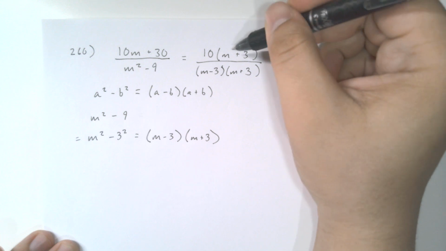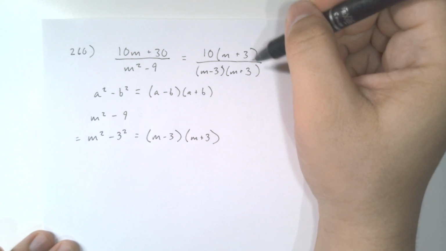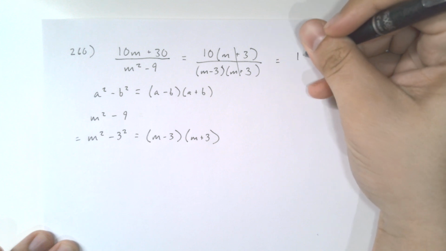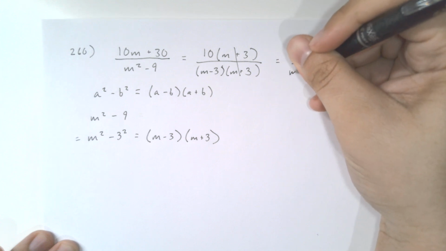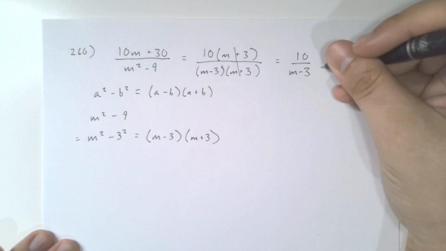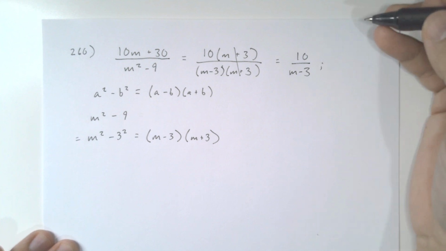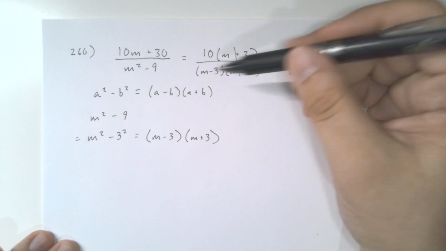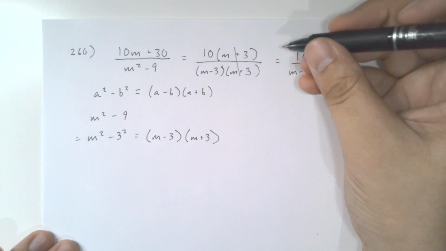And now we can cancel these common factors of m plus 3. That leaves us with 10 over m minus 3. But we've got to find our excluded values. So with m minus 3 and m plus 3, this is already factored for us.